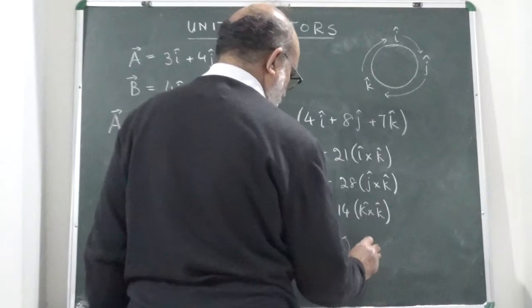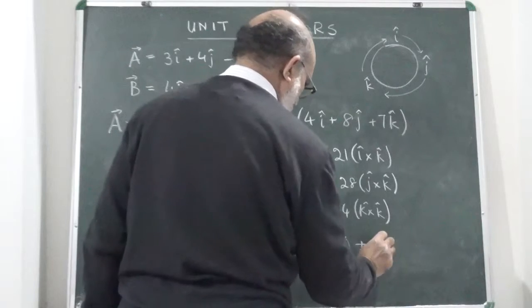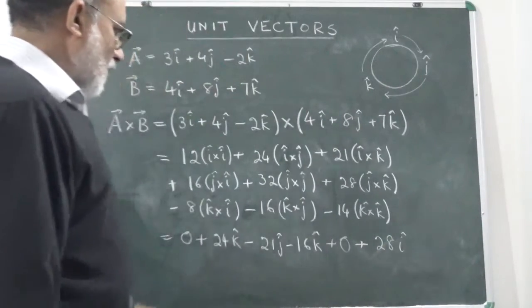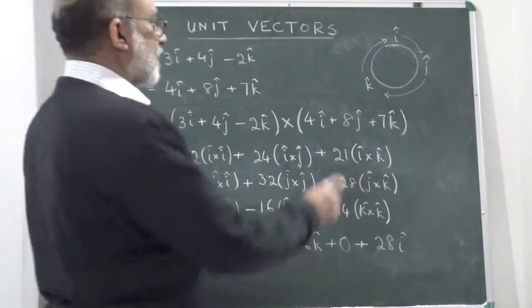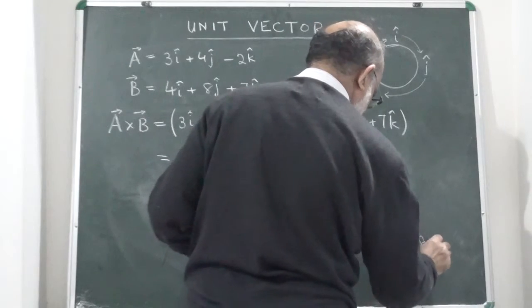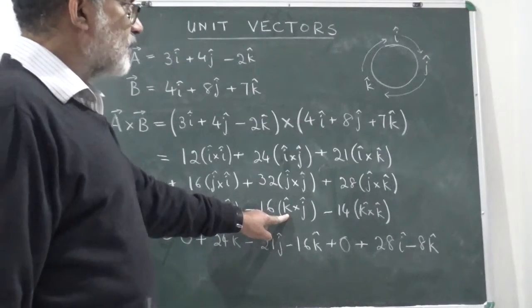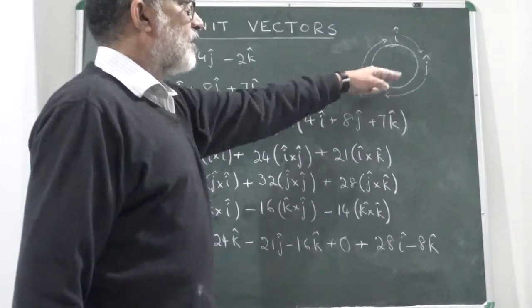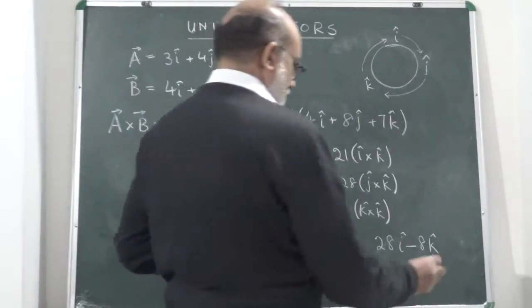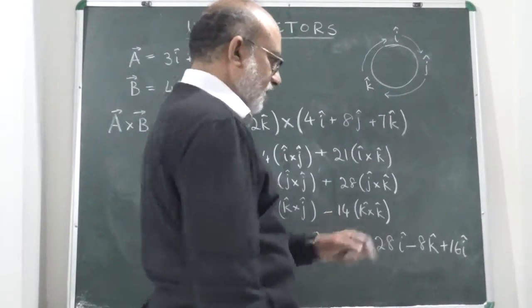Plus 28, and J cross K is I, so it is 28 I. K cross I is again J, so it is minus 8 K, and K cross J is a reverse of this, so it's minus I, so it's minus plus, it's 16 I, and K cross K is again 0.